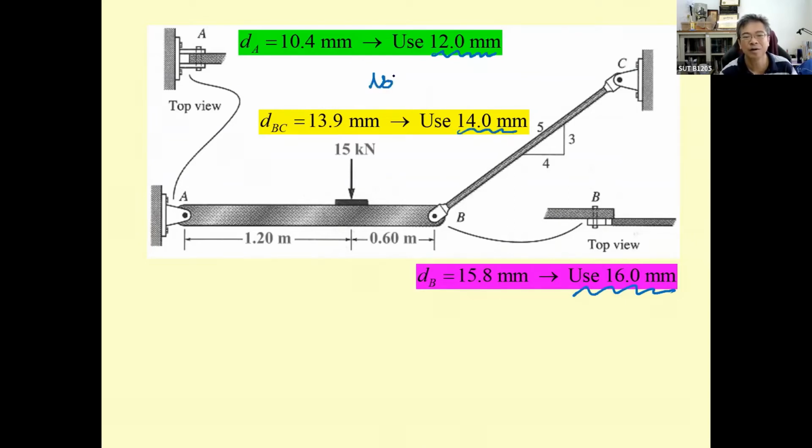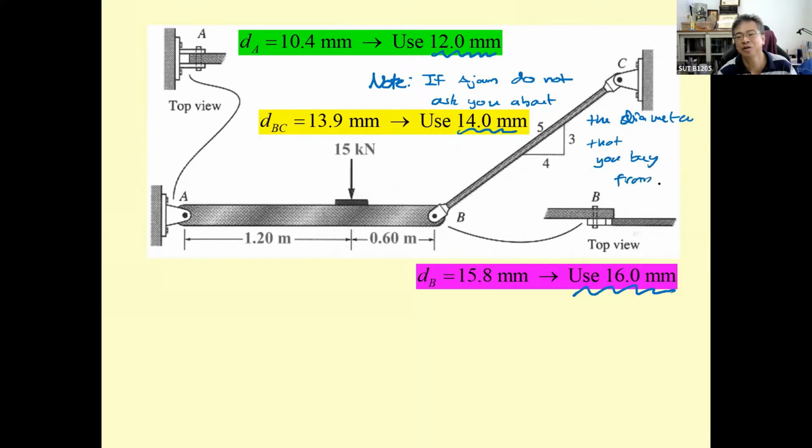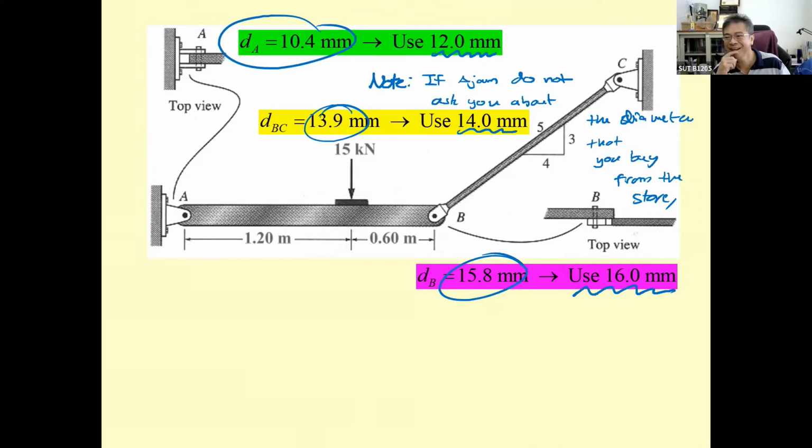And note, if the Ajahn didn't ask you about the diameter that you buy from the store, if Ajahn didn't ask you to do this, you just use what you get from the calculator. Beware about this.